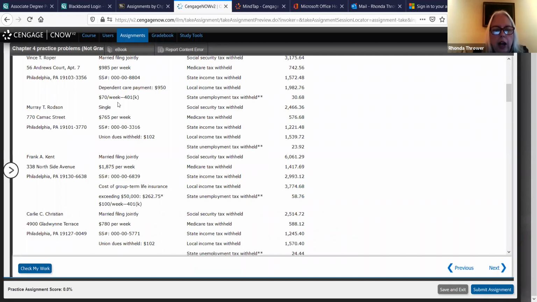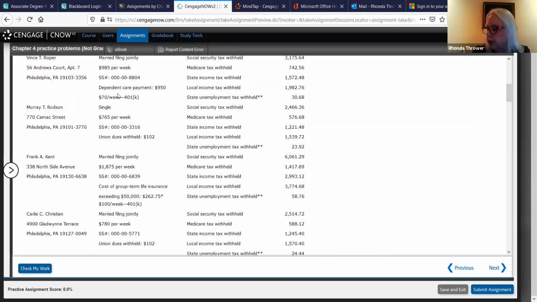Notice he has $70 he's contributing to the 401k plan per week. So subtract 70 from 985, and that will leave you with $915 in wages that are subject to federal income taxes.